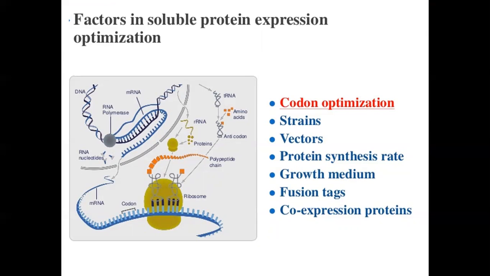So it can result in insoluble inclusion bodies, because the proteins become insoluble. Usually soluble means that the protein is soluble in the aqueous phase of the medium, but when they're not soluble they settle as aggregates, so they're called inclusion bodies.